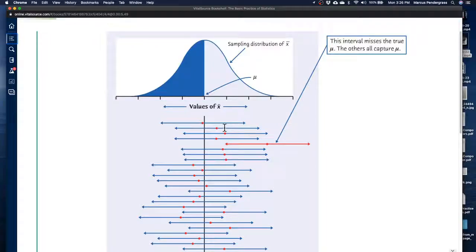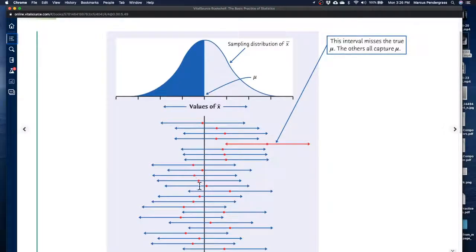And the margin of error is scaled for a 95% confidence interval, so that 95% of the time, the true mean, which is represented by this vertical line here, is within the confidence interval. And so that margin of error is taking into account the fact that the x bar is jumping around.